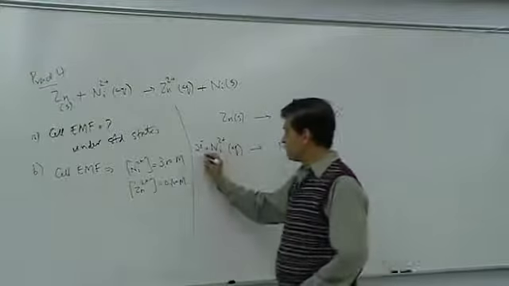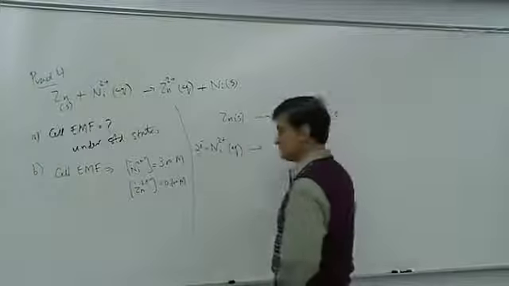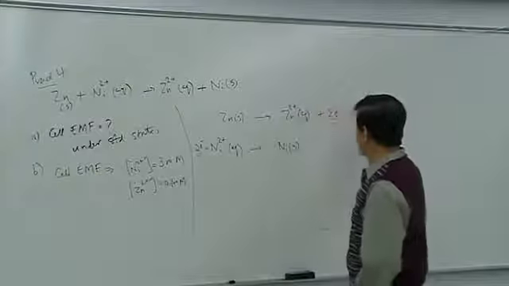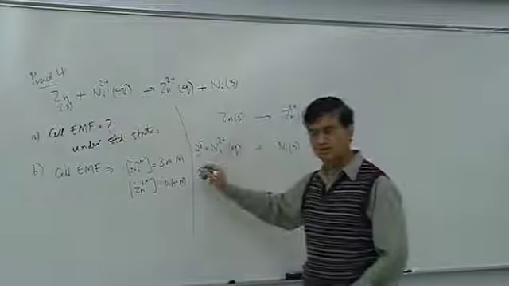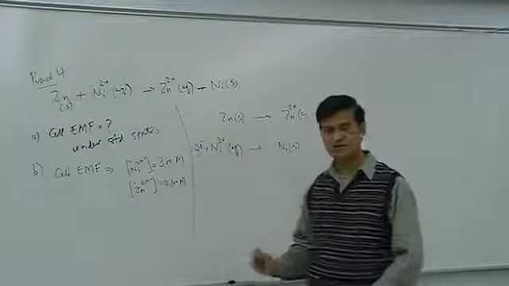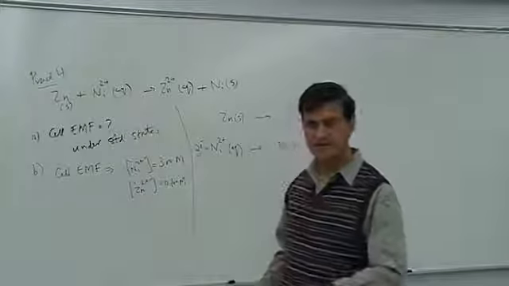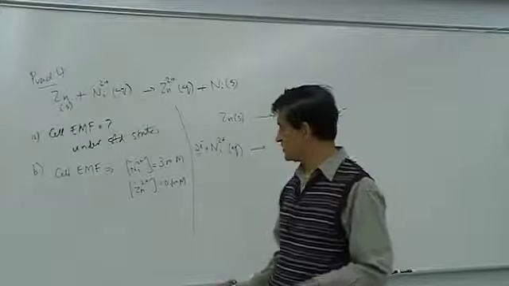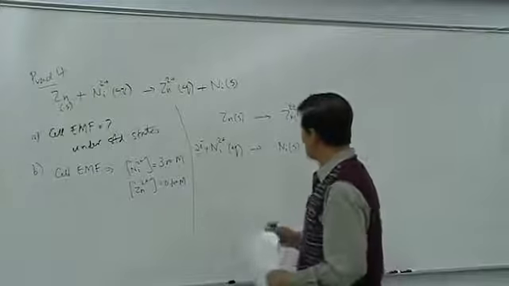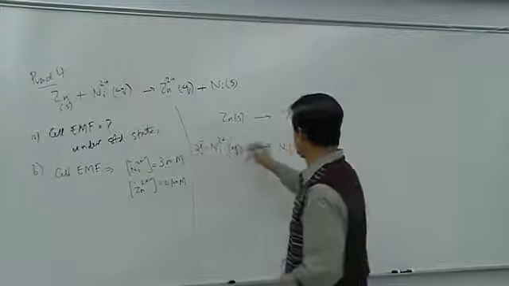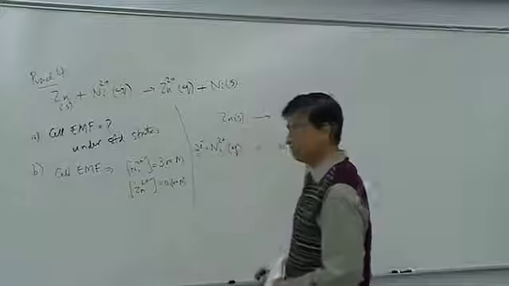Make sure that in the two half reactions you have the same number of electrons. This gives up electrons, this absorbs electrons. That's how an electrochemical reaction takes place. One half cell reaction provides electrons, the other half cell reaction consumes electrons. So make sure you understand that. If these two numbers are not the same, you'll have to make them the same.